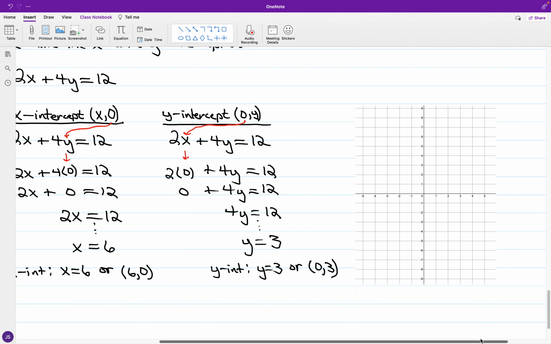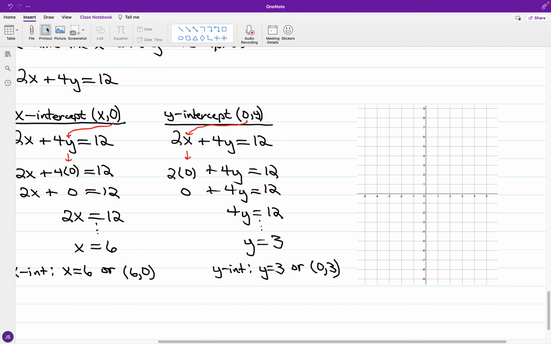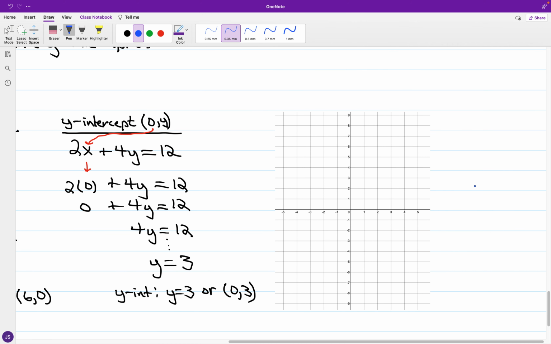So just looking at what we have here, for the x-intercept case we have (6, 0), and the y-intercept I have at (0, 3).